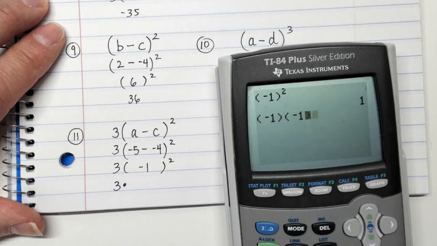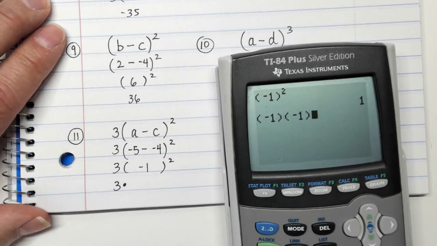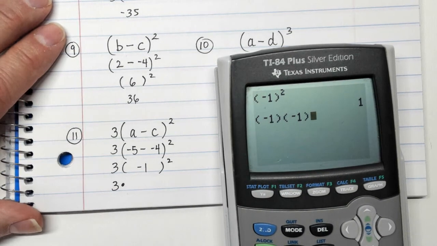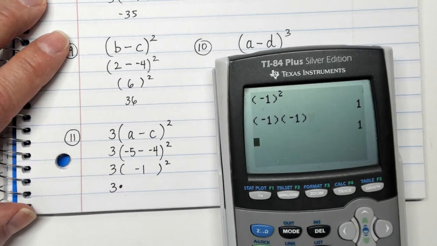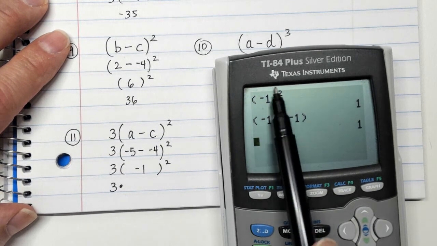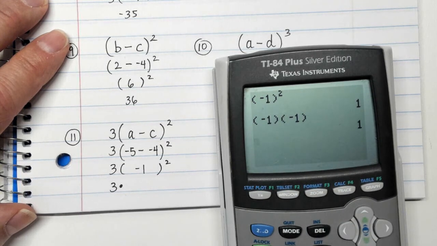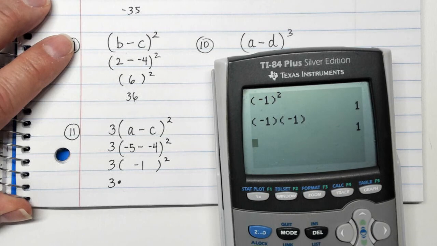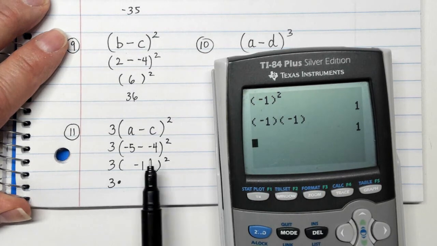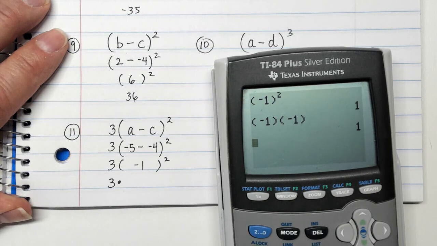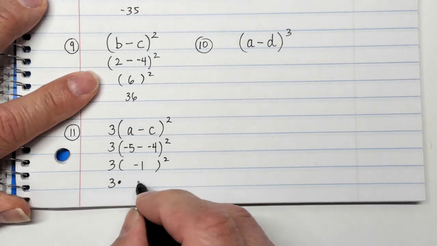Look at exponent 2. That means there are 2 of them being multiplied. That's what exponents mean. Exponents is just fancy multiplication. Doesn't matter if you write it like this or like this. Now, if you be lazy and you don't write it on your calculator exactly like you see it on your paper, then you're going to get the wrong answer. So don't be lazy. So this equals 1.